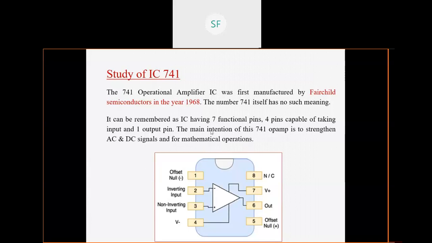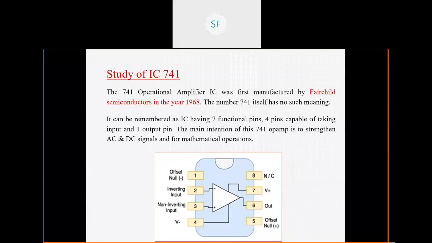So again this slide is just for the sake of your understanding. It is not included in our syllabus, but you should know that practically your op-amp IC is looking like this, because in many of your third year mini projects you will be using this op-amp IC.